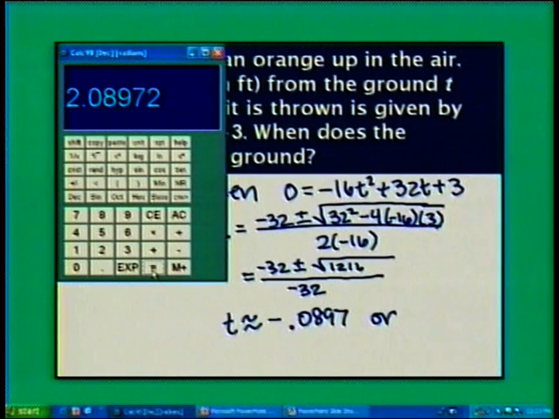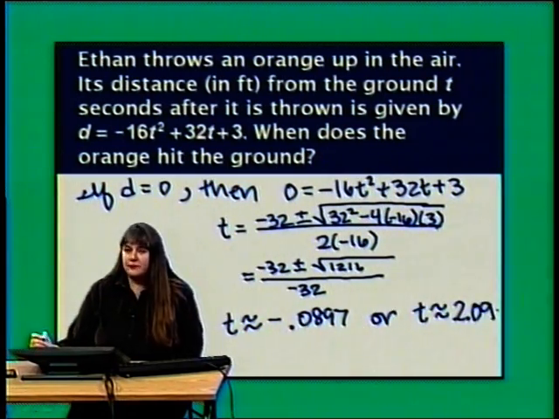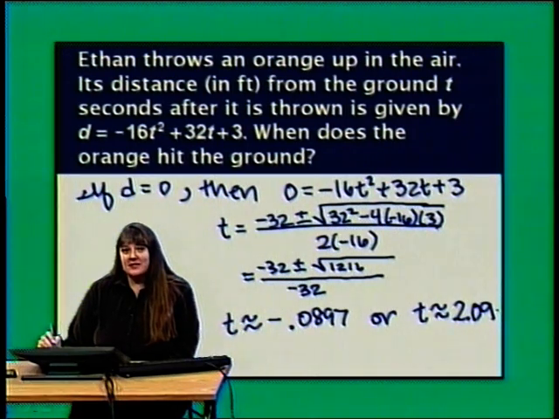And for this one, I get about 2.09. t in this problem represents the amount of time in seconds since Ethan threw the orange. So t approximately negative 0.0897 doesn't even make any sense in this application. So I'm going to work with t is approximately 2.09.